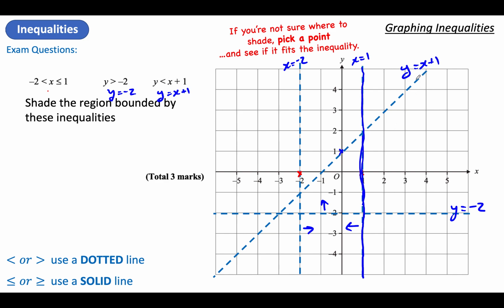So there's my y equals x plus 1. I want the bit under there. So it's under that line, but over this one. And in between these, it is this little funny shaped region in here, bounded by these edges. Yep, in there. And on paper, you draw that much nicer than I have.